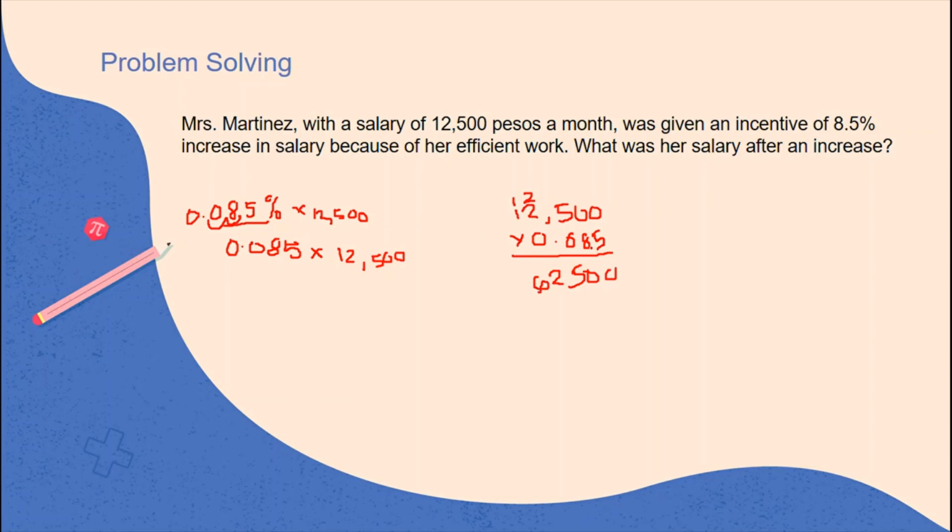Next, we go to the second number. 8 times 0 is 0, 8 times 0 is 0, 8 times 5 is 40, so 0, carry 4. 8 times 2 is 16, 16 plus 4 is 20, so 0, carry 2. 8 times 1 is 8, 8 plus 2 is 10, so 0, 1.